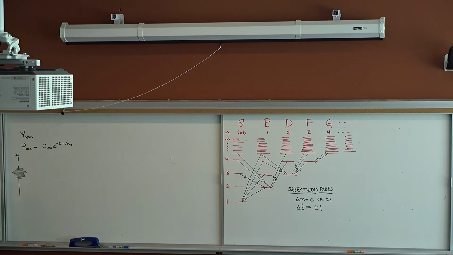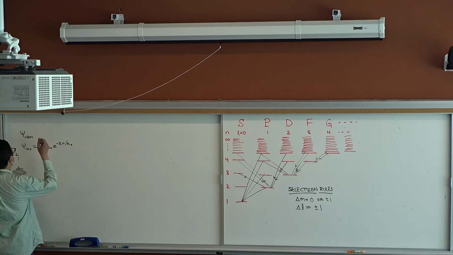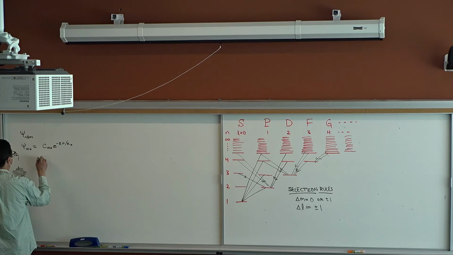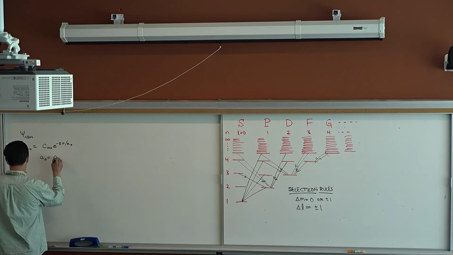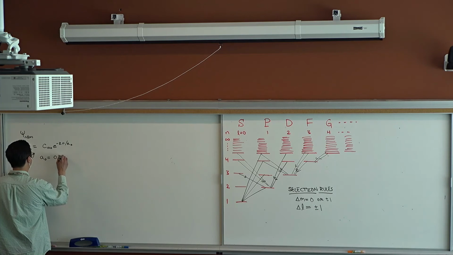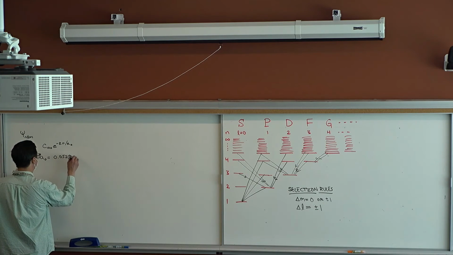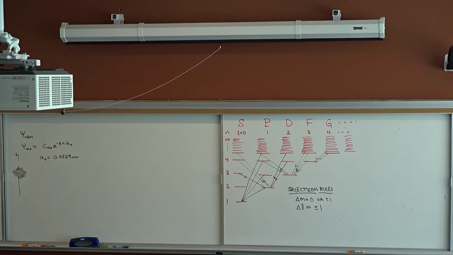What's A naught? A naught is the Bohr radius, and we'll come to that. It's just a constant value, about half an angstrom.